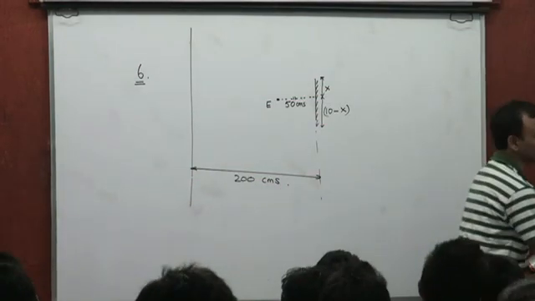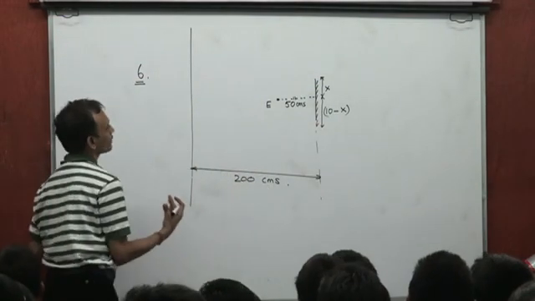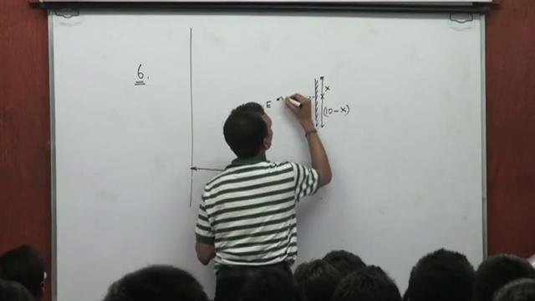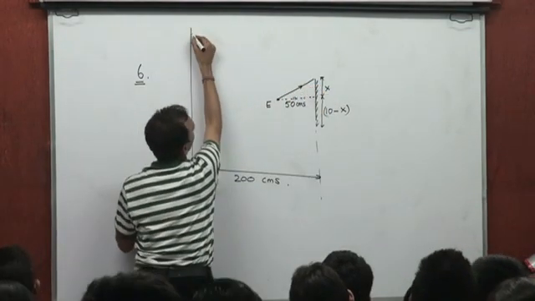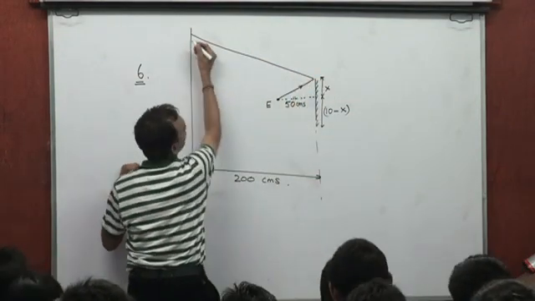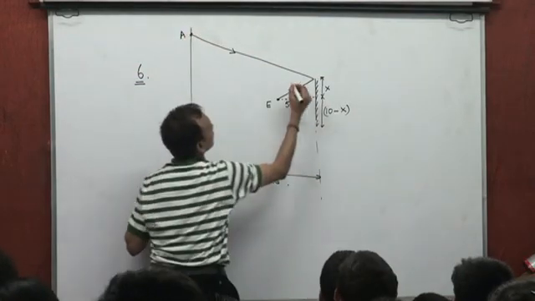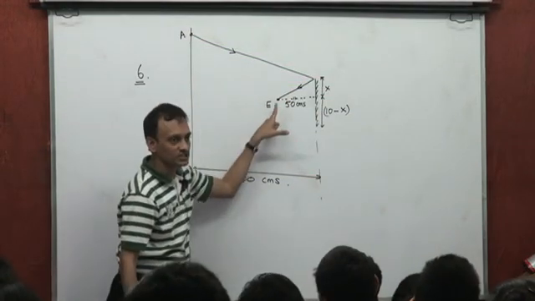Obviously, rays from the extreme edges. So he is able to see point A of the wall because of this reflection, right?